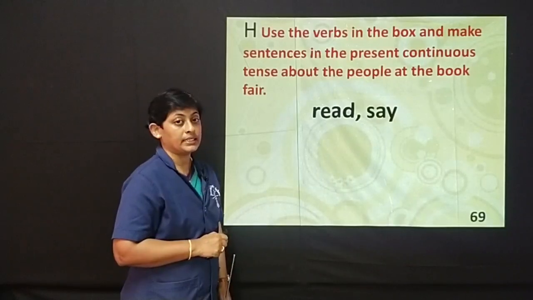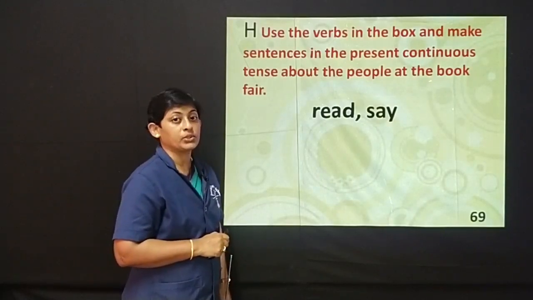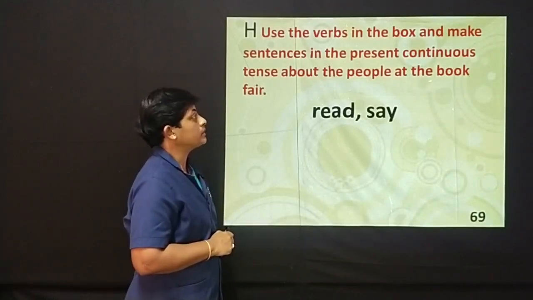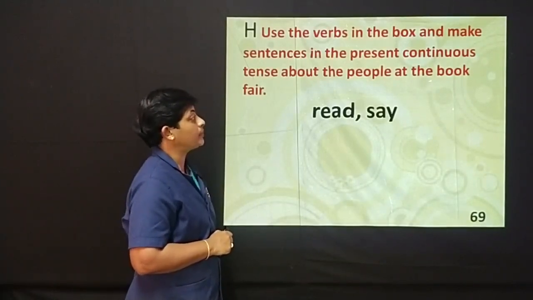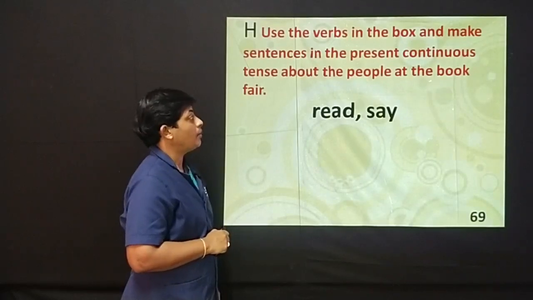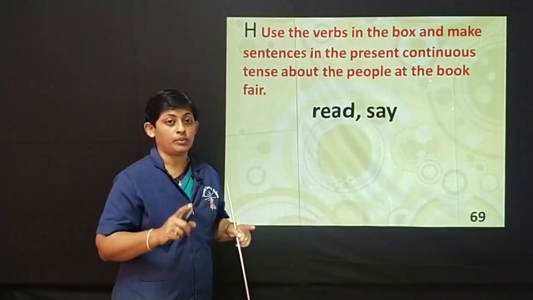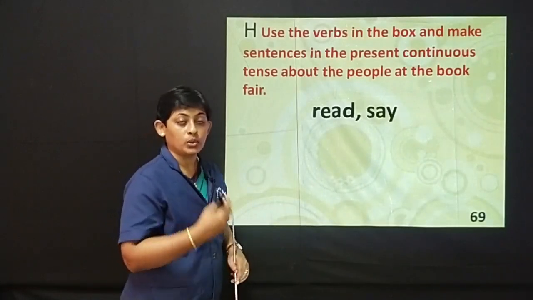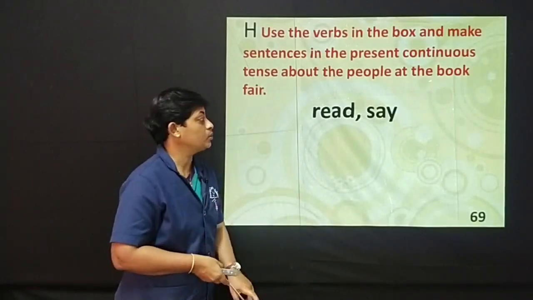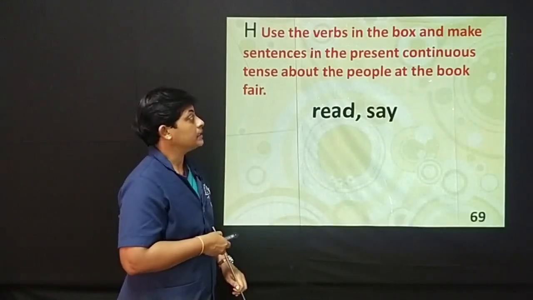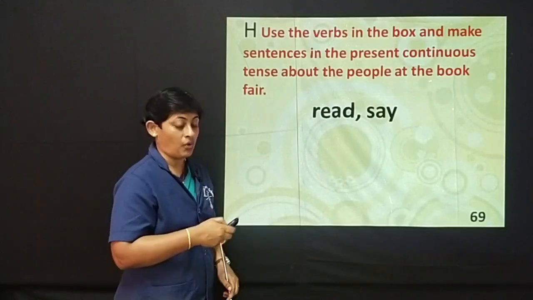Now this is an exercise on page number 69 in your textbook. H. Use the verbs in the box and make sentences in the present continuous tense about the people at the book fair. In your textbook, there is a small picture. You have to look at this picture and make use of these words that are given to you in the present continuous form.